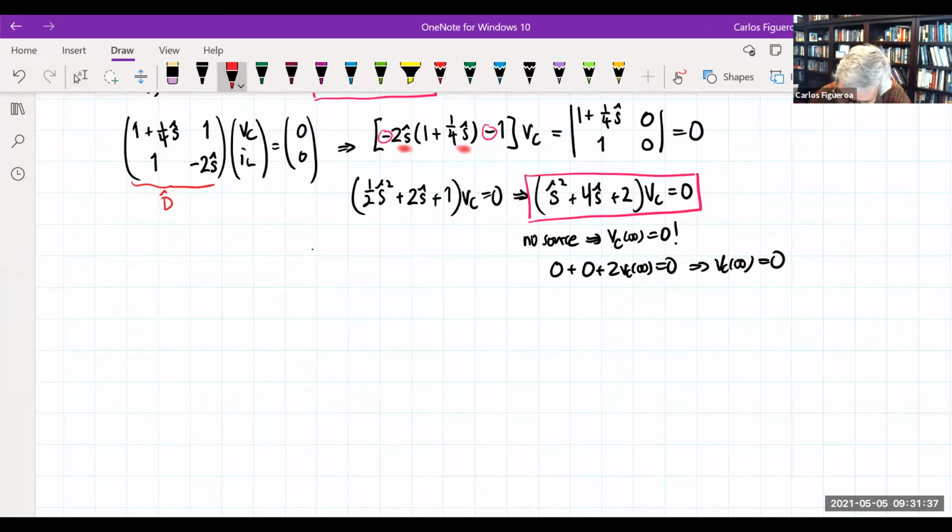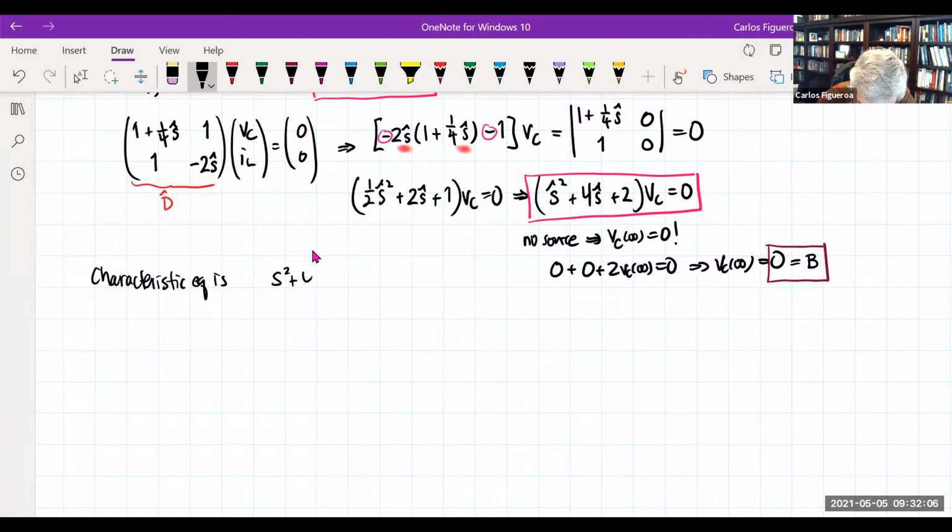So again, this tells us that the forcing constant is 0. That's all I know. So now what I'm going to do is look at that equation. My characteristic equation is this guy: s squared plus 4s plus 2 equals 0.